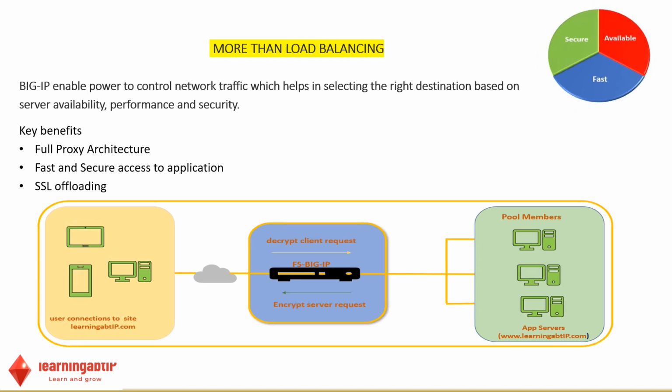Okay, the next one is SSL offloading. We all know every web server is efficient at processing SSL traffic, but the question is how efficiently they can handle it. The main purpose of a web server is to serve pages quickly, right? If they start processing SSL traffic, they tend to lose their efficiency.